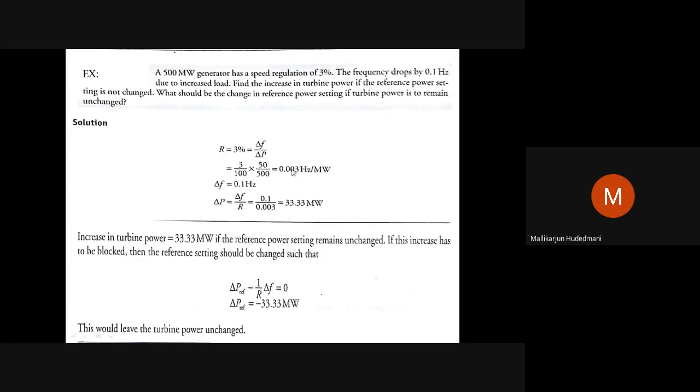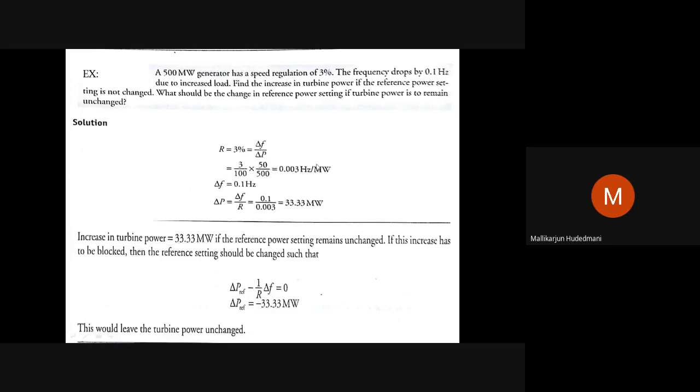Why is it being done? See the units here. This is hertz per megawatt. This is actually 0.03 into 50. When I take 100% as 1, 3% becomes 0.03, on the base frequency 50. So 0.03 into 50, divided by the base of the particular generator, gives so many hertz of deviation for every megawatt of change.